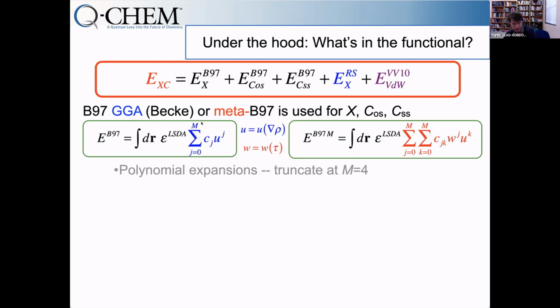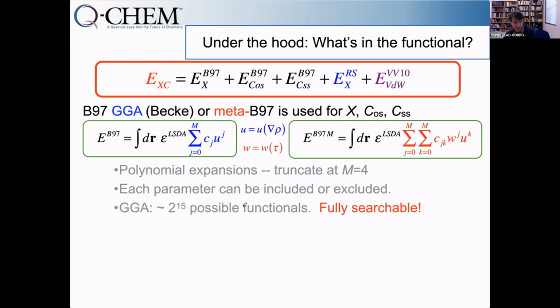So let's say we truncate at m equals 4, and then we consider the fact that each of those parameters could be included, i.e. we would fit it, or allow it to be a floating parameter, or it could be excluded, in which case it's forced to 0. Or it could be constrained.